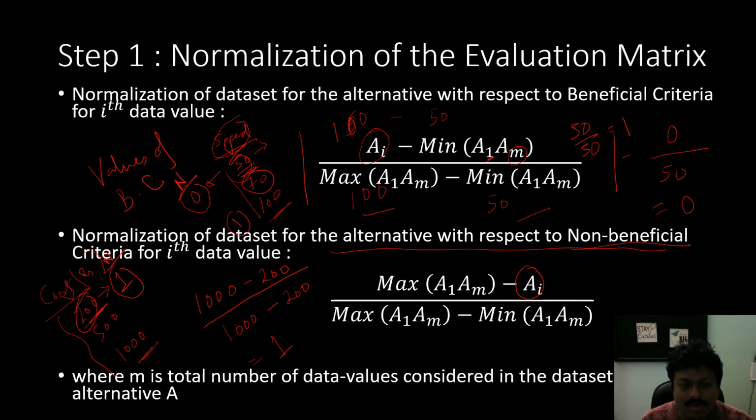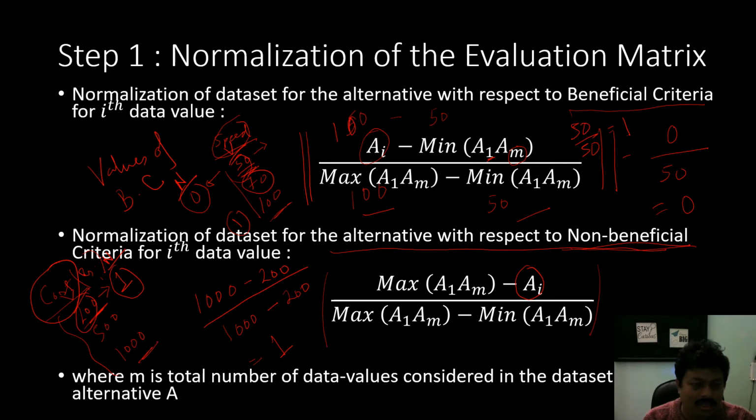So these normalized values must indicate whether the criteria is beneficial or not. So how can it be indicated? Only if we use this formula for normalizing the beneficial criteria, right? And this formula when normalizing the values of the non-beneficial criteria, right?